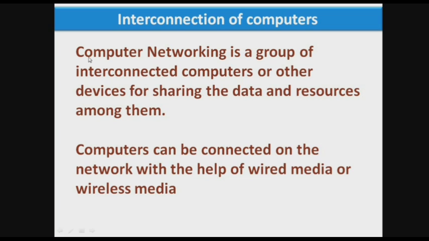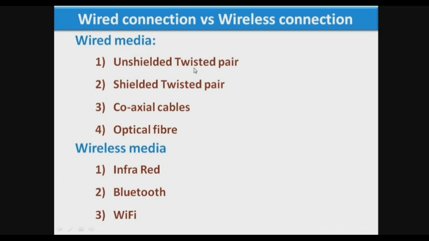So with the help of computer networking, we can connect different computers and devices. Computers can be connected in two ways, either wired or wireless media. Unshielded twisted pair, shielded twisted pair, coaxial cable, fiber optic cable.